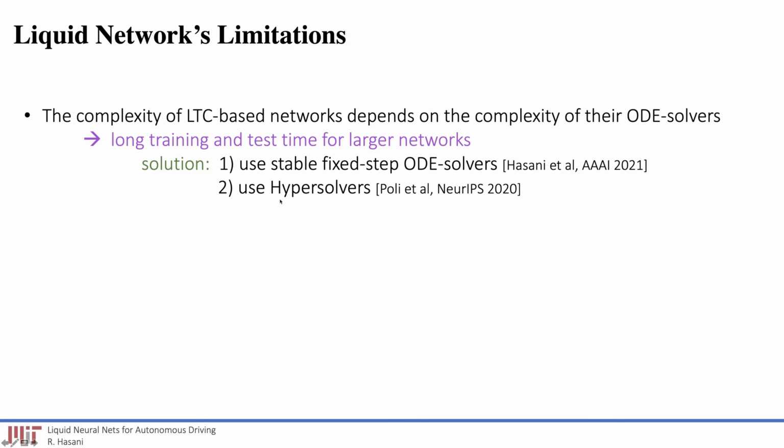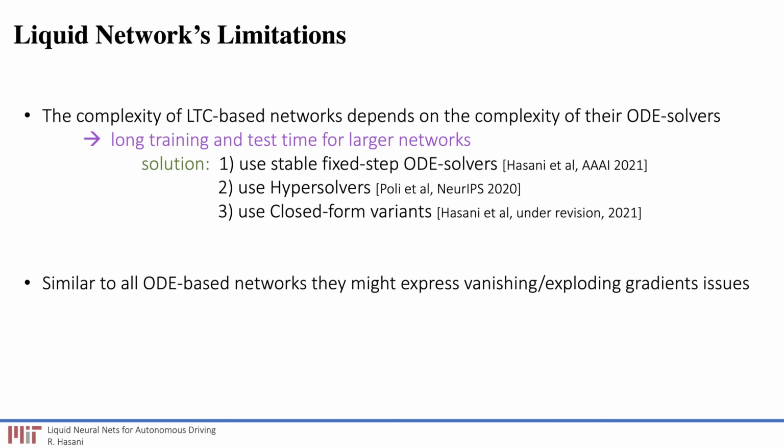I think it's a beautiful opportunity. And you can also use closed form variants. We have another work on closed form variants of the same kind of dynamical system that is around 1,000 times faster in inference and training. So you can also look into that.